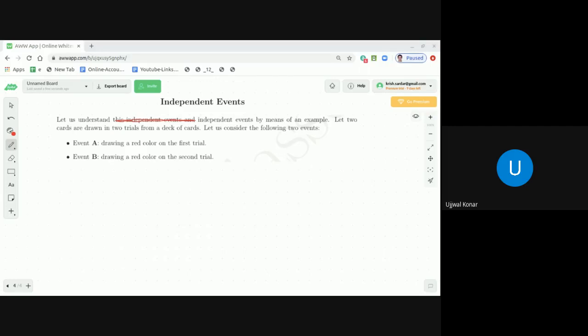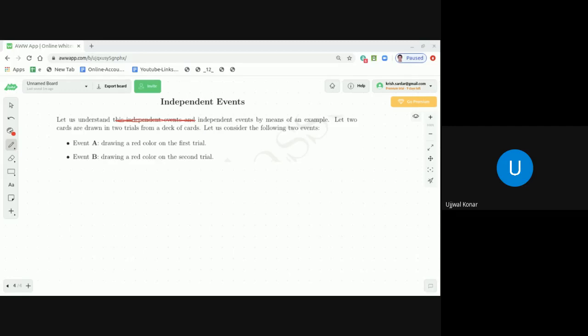If the two cards are drawn with replacement from a deck of cards, then the events of drawing a red on the first trial and drawing a red on the second trial are independent of each other. Why? Because you replaced. So as if when the event B is going to happen, it is a fresh deck of 52 cards.